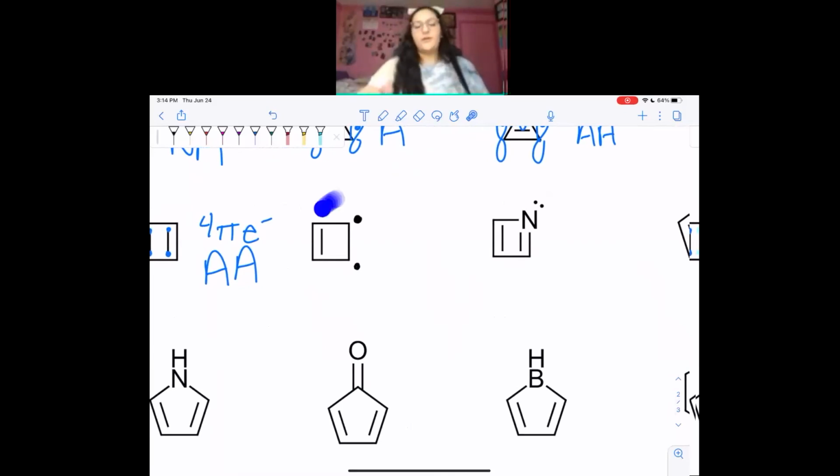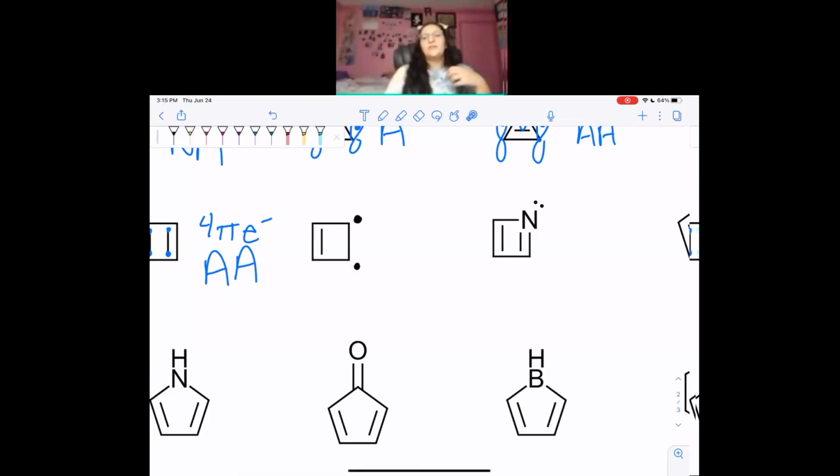Okay. So, for this one, is it cyclic? Yes. Okay. Is it fully conjugated? So, is it completely sp2? Yes, because we have double bond, radical, radical. So, awesome job.